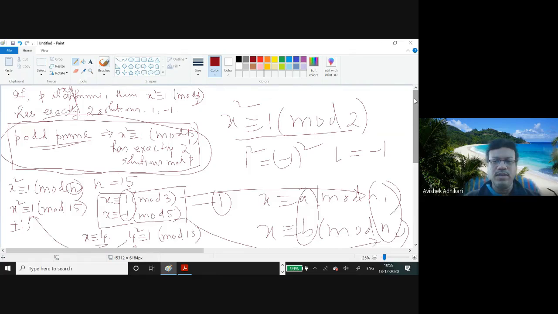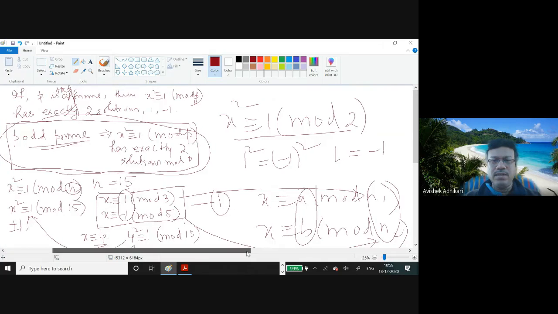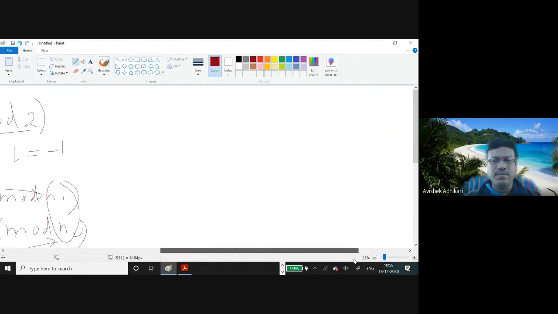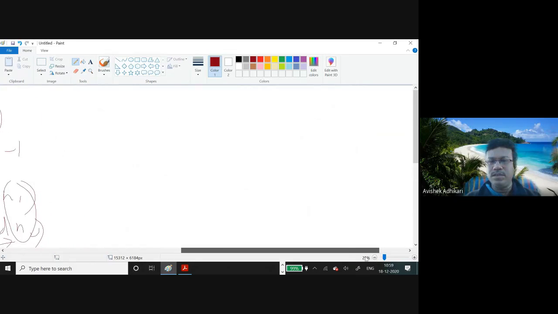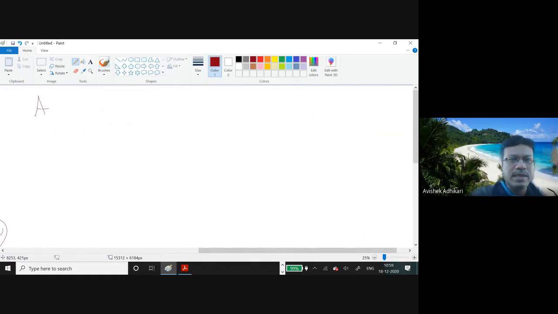Okay, then let us come here. The second observation that we can think of: like in my last class, we have already shown that if A implies B, then the logical equivalent of this is negation of B implies negation of A.